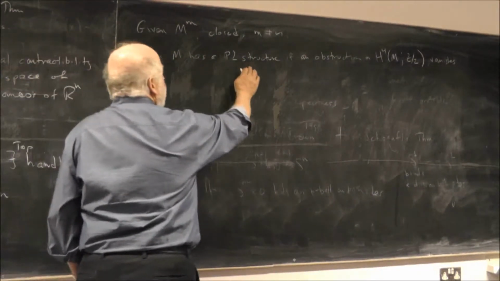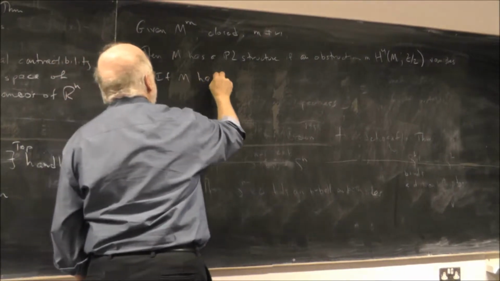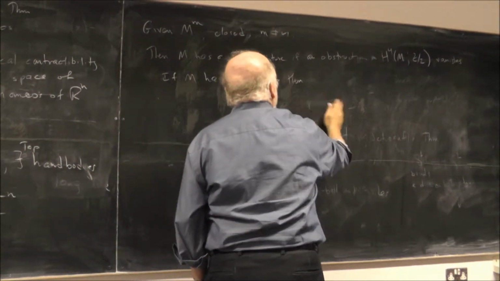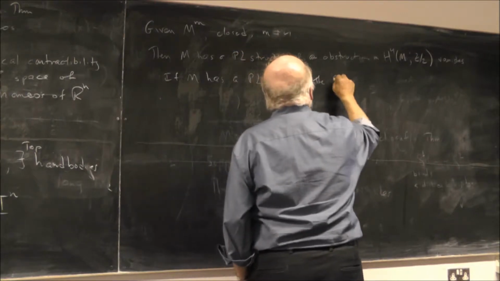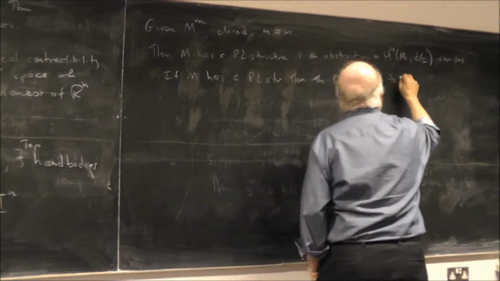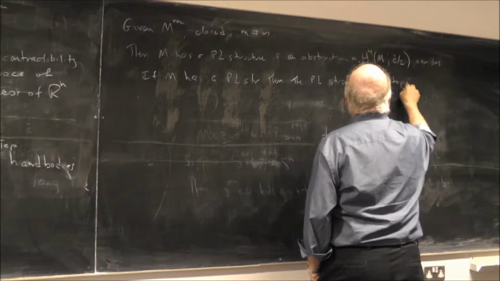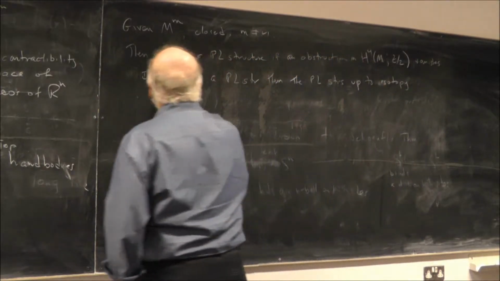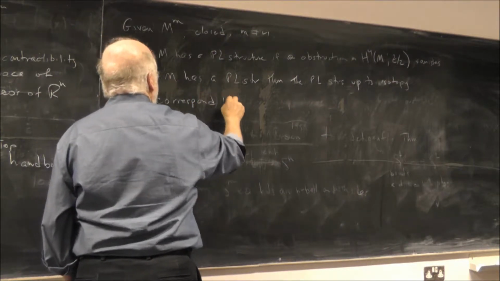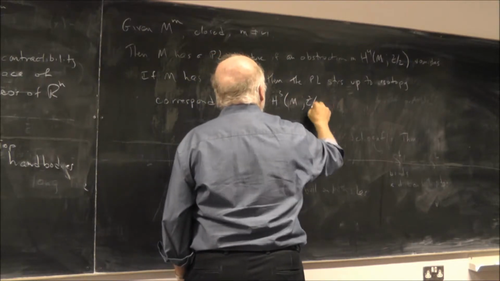So M has a PL structure. If M has a PL structure, then the PL structures up to isotopy correspond one-to-one to the third cohomology of M with Z2 coefficients.